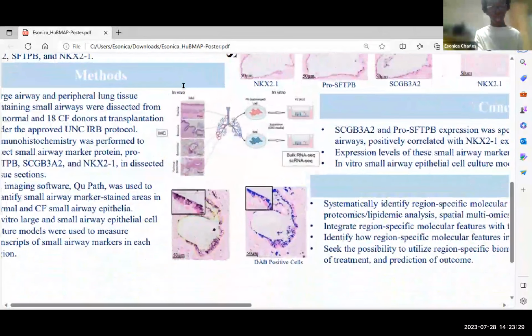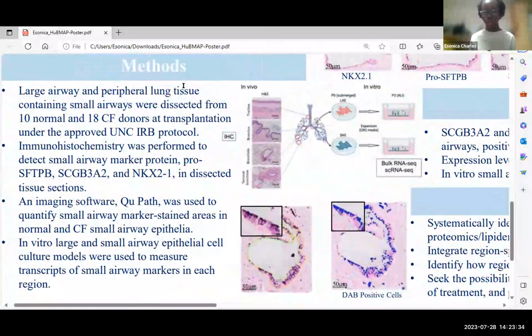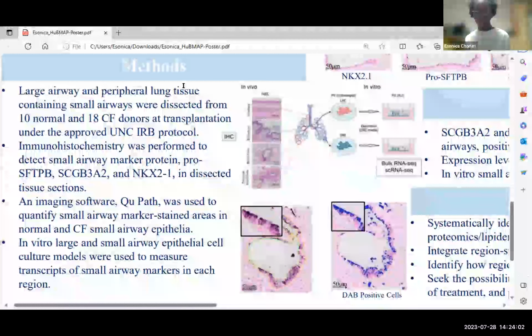To do this, we dissected tissue from 10 normal and 10 CF donors at transplantation under the approved UNC IRB protocol. And then we did immunohistochemistry for those samples. Hiraki helped me a lot with doing this for my project, and I learned a lot of the basic immunohistochemistry protocol. To quantify our data, we used QuPath, which is an imaging software.